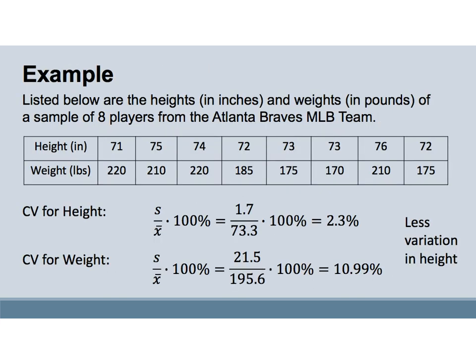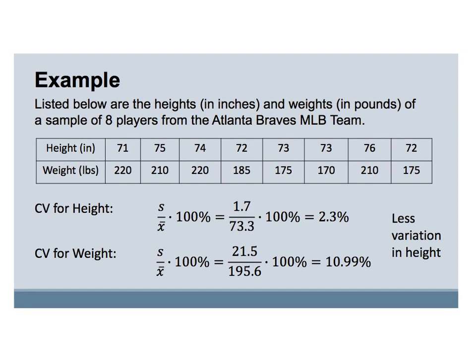So we have this example there on your page to do the coefficient of variation for the heights and weights of 8 players from the Atlanta Braves Major League Baseball team. When you do that, you got to put them in your calculator. So put the heights in L1, do 1 var stats for that, and you'll get a standard deviation of 1.7 and a mean of 73.3.